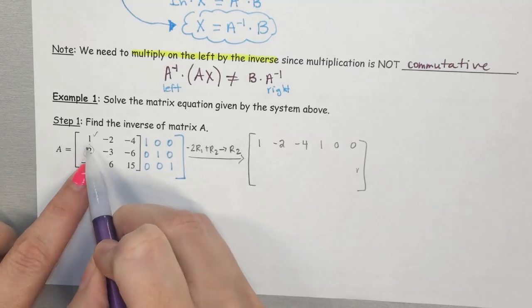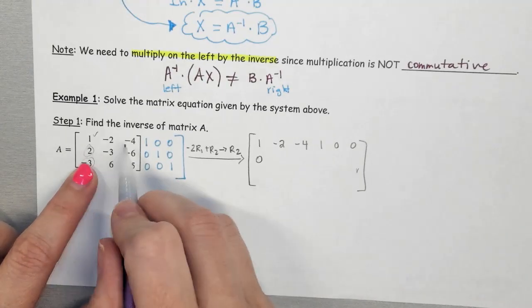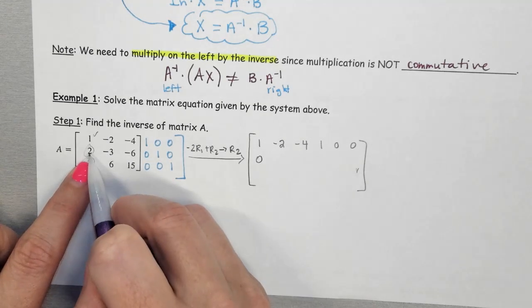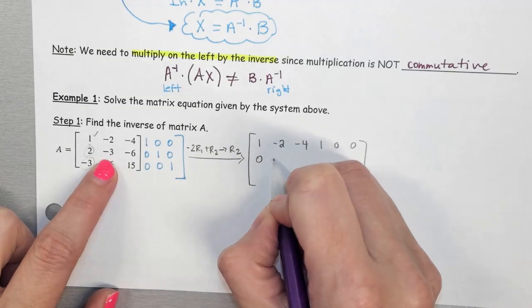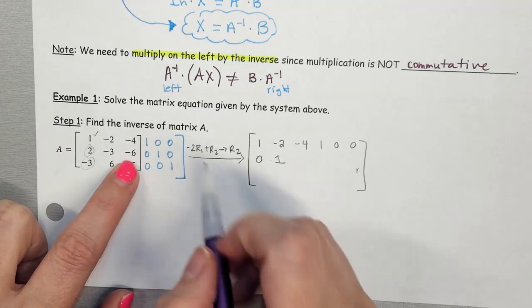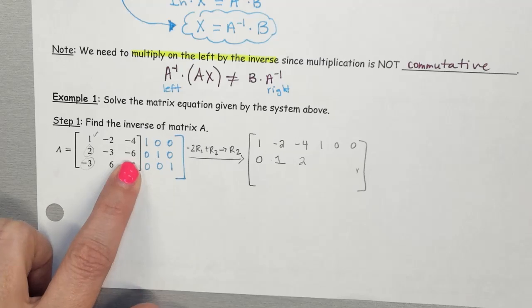So when you multiply by that leading 1, that's going to allow you to not change this 1 here. So negative 2 plus 2, this would be 4 plus negative 3. How are we doing so far?